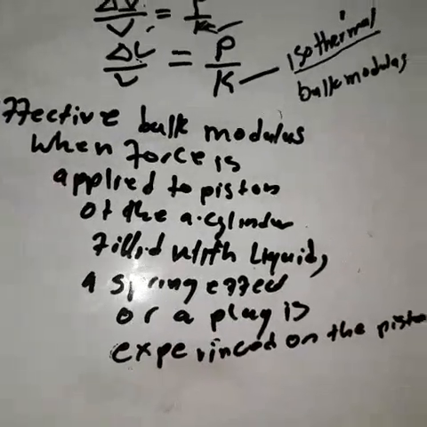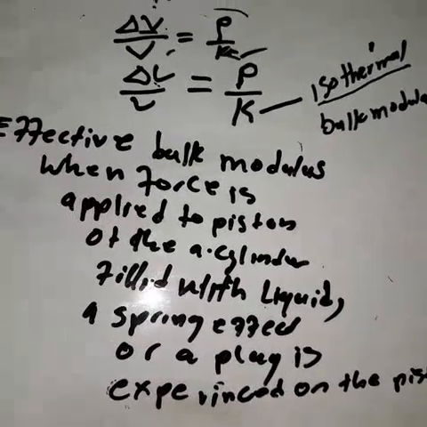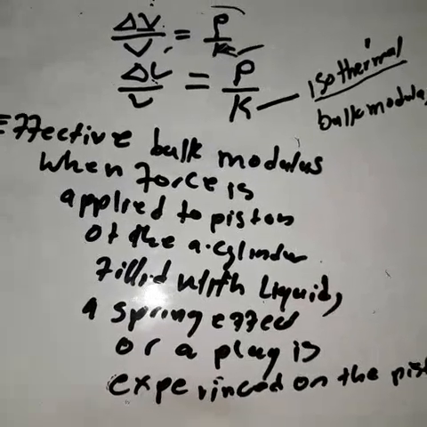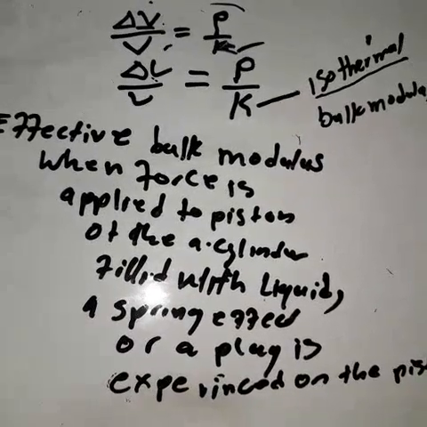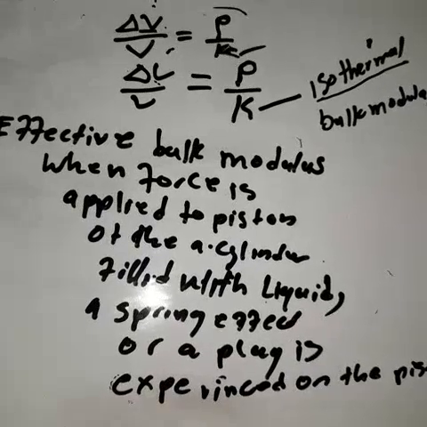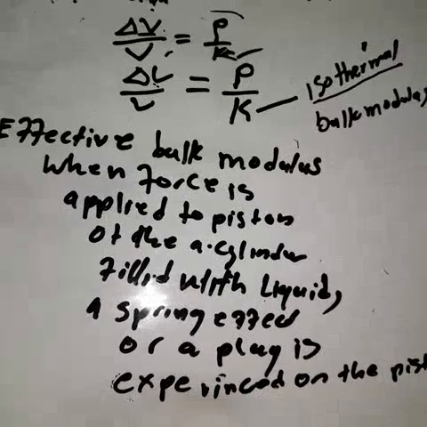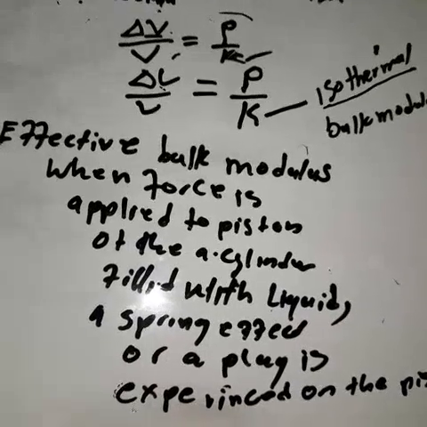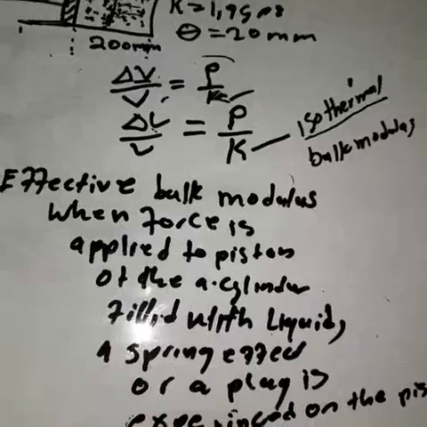Okay, effective bulk modulus, it's when force is applied to the piston of a cylinder filled with liquid, and a spring effect or play is experienced on the piston. These may be the factors. This might be due to the compressibility of the liquid, the compressibility of the air trapped inside the liquid, or the expansion of the cylinder wall.